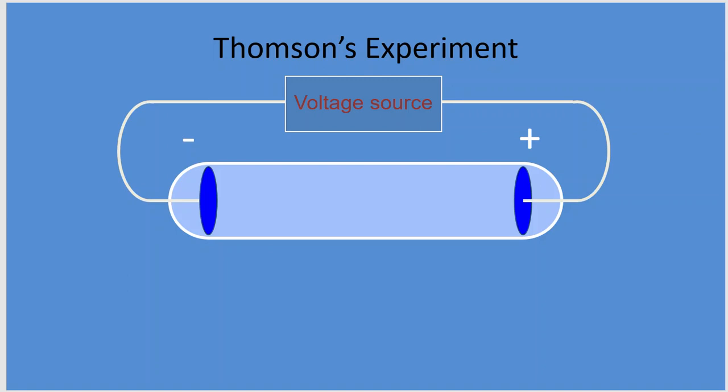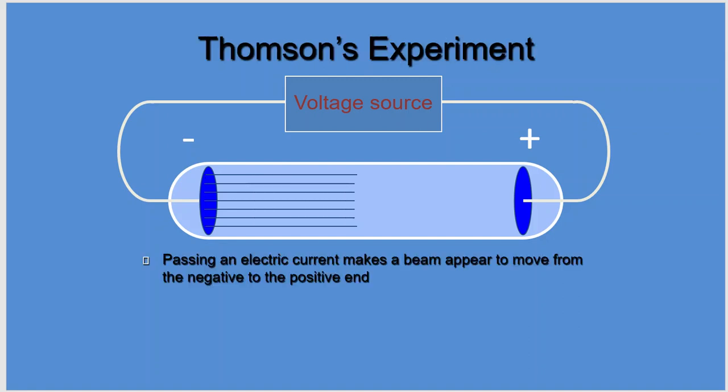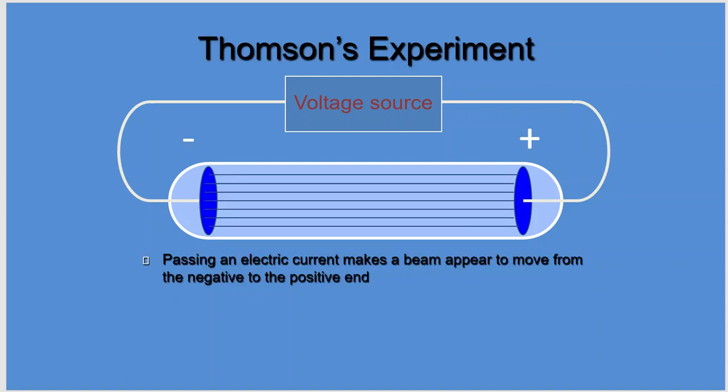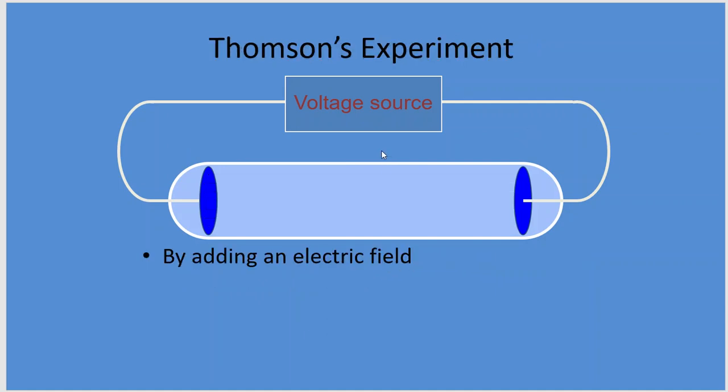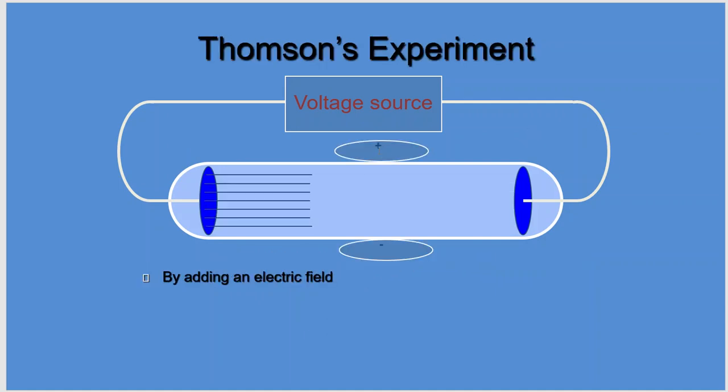Okay, so as he fired the beam down the tube, okay, he decided to apply a magnetic field on either side of the tube, okay? And so now we have a positive here and a negative here. So as the beam goes this way, from negative to positive, if the particles are neutral, we would expect them to go straight through, okay, and not be affected by the magnetic field.